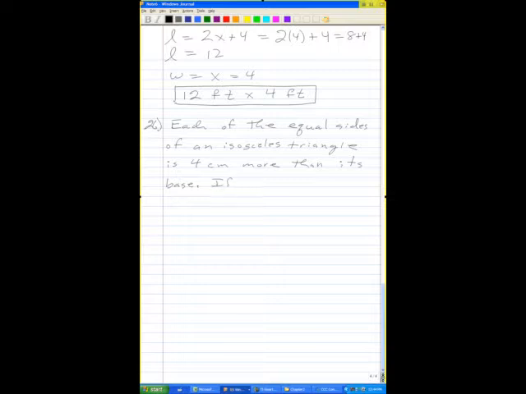If the perimeter of the triangle is 23 centimeters, find the length of the sides of the triangle.